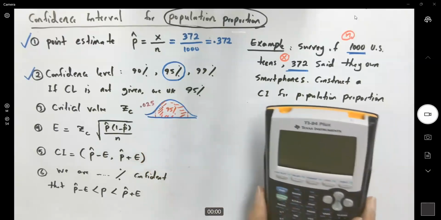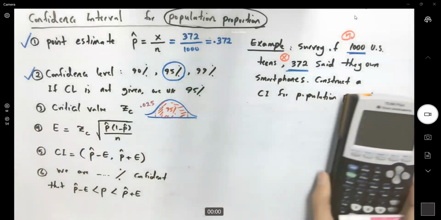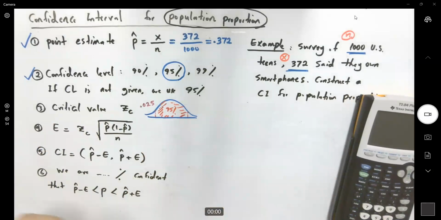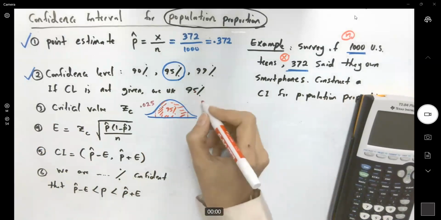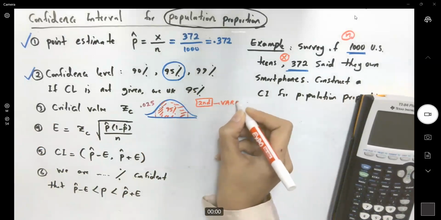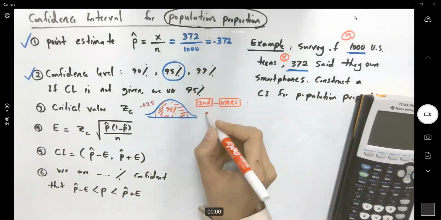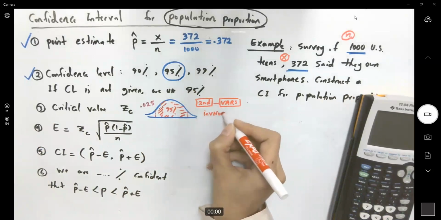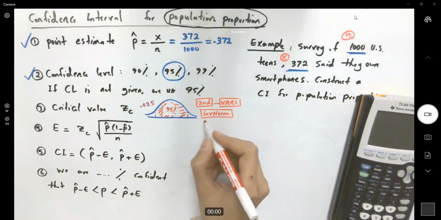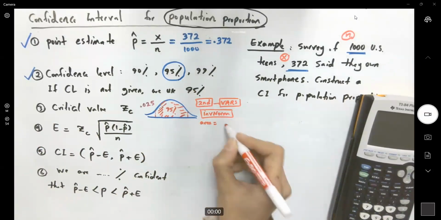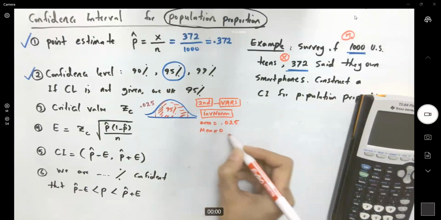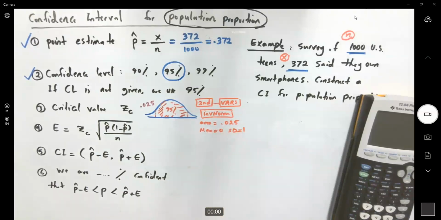When you're using your calculator to find the critical value, we're going to go to second, vars, and then we're going to find the inverse norm. In inverse norm, we're going to enter area to be 0.025. The mean is 0 and the standard deviation is 1.